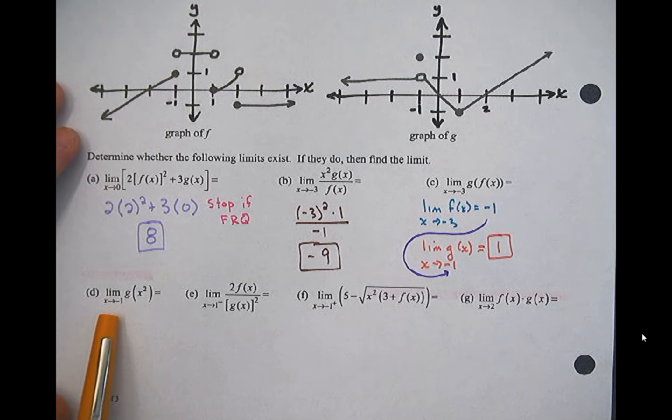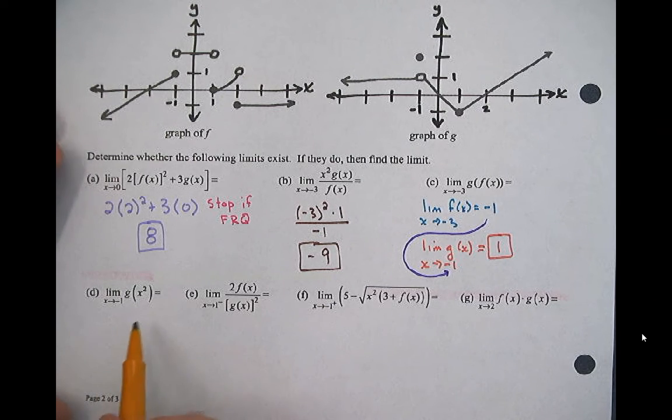All right, let's see. So this is pretty straightforward. I can plug in -1. -1 squared is 1. So what's happening? This is really saying what's happening to my limit. What's the limit of g of x squared as x approaches -1?